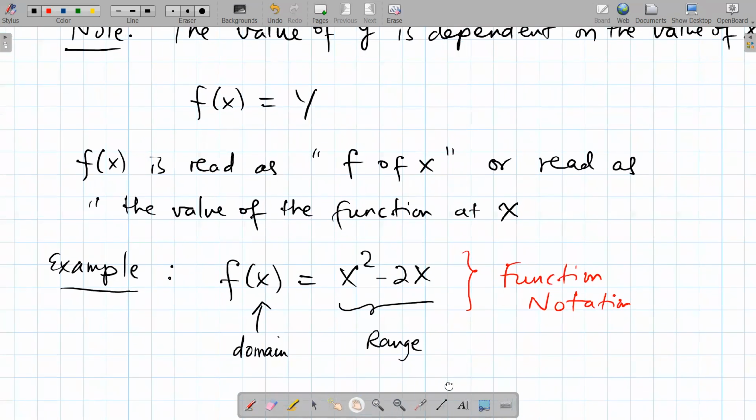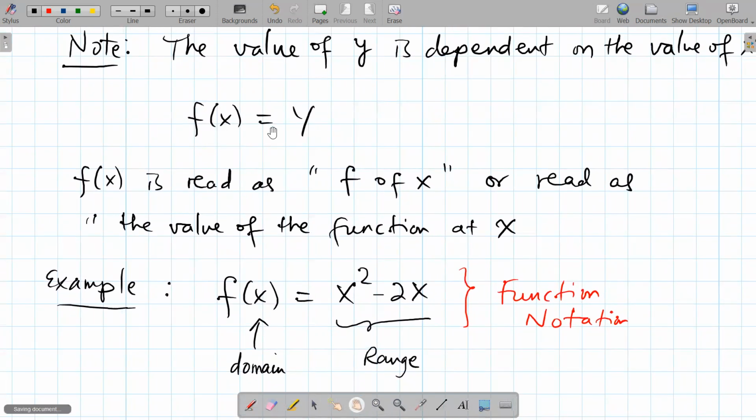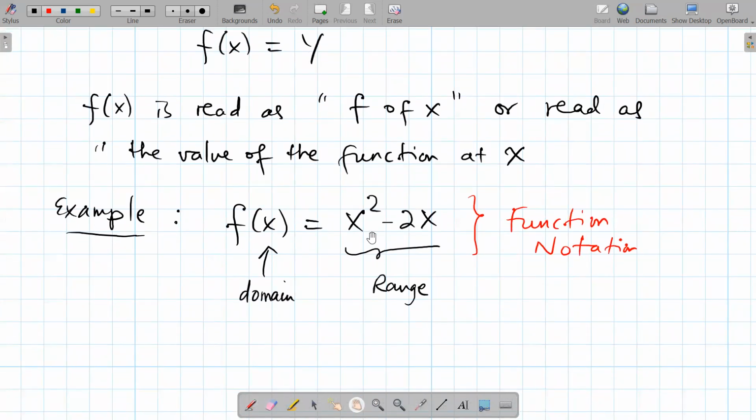So just like we see it here, it is the same preamble. There's a process, which is a function, that takes every element in the domain and maps it onto every element in the range. There's this process f, which is a function that takes an element x from the domain and maps it to an element in the range, which is defined as what? x squared minus 2x.